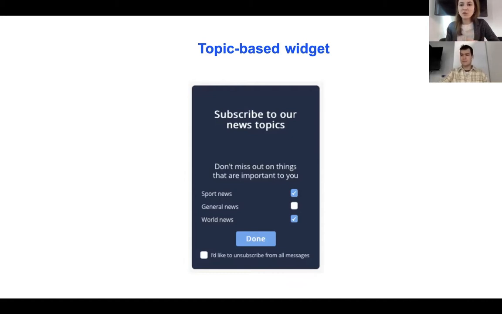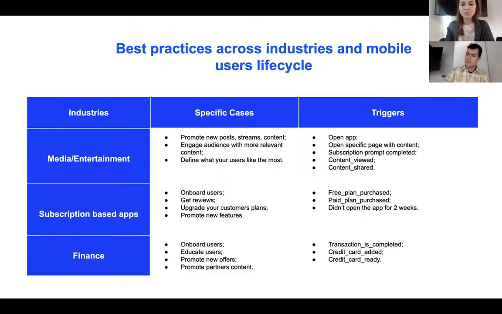If you want your users to get the content they really want and increase their engagement rates, you may ask them what they want to see and then provide them with the content they are interested in. It can be done with this specific topic-based widget. We have it as a default widget in Pushwoosh, so you may easily find it in the rich media and in-app message section in your account.